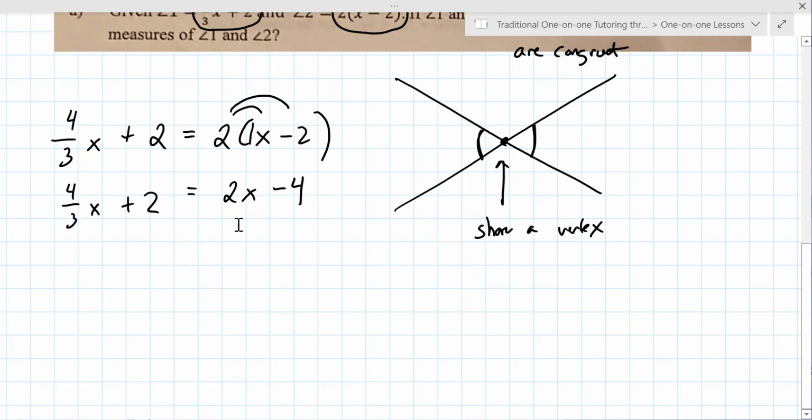Now I would recommend getting rid of the fraction. What could you multiply this number by to get rid of the fraction? What do you multiply 4/3 by to get rid of the fraction?